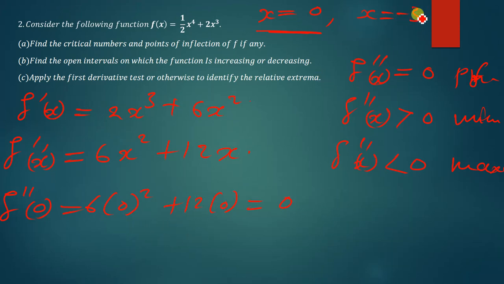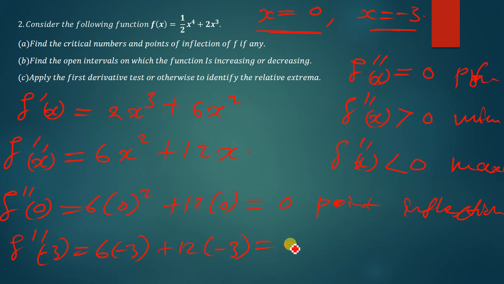Let us also test -3. So we find f''(-3). For x = 0, it's a point of inflection. Then for this other one, we put -3 there, which gives us 9 times 6, which is 54. Then we also have 12 times -3.